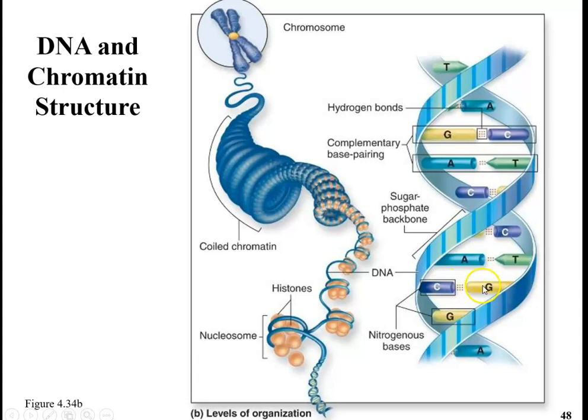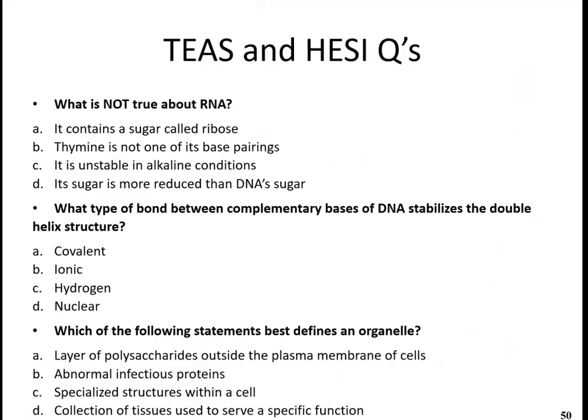This makes the bond between cytosine and guanine a little bit stronger. And let's say that you had a segment of DNA that had primarily cytosine and guanine in it. That segment of DNA would be harder to break apart than a segment of DNA with, say, just adenine and thymine units. So the correct answer is C, hydrogen bonds.